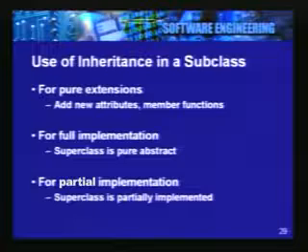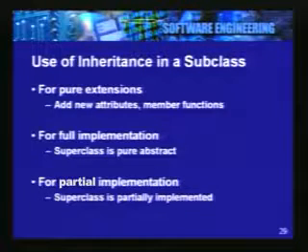So what are the different kinds of uses of inheritance in subclasses? How do subclasses use inheritance? If we first look at these different kinds of uses of inheritance, then we can apply them to our different class level design requirements. So you can use subclasses as pure extensions to superclasses.